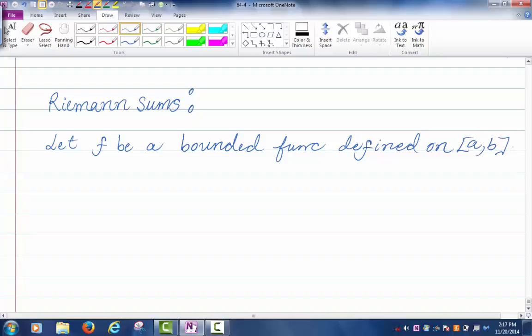So f is a bounded function defined on the interval from a to b. What do I mean by bounded? What do you think I mean by bounded?